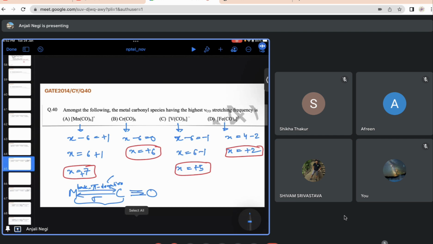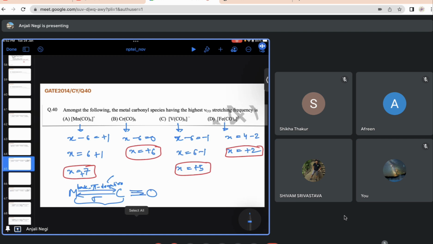Okay. So in the case of my metal having low electron density, that is, my metal having a high positive oxidation state, or positive charge on my metal complex. So basically the option number A, where my manganese has an oxidation state of +7, the back pi donation becomes almost negligible.